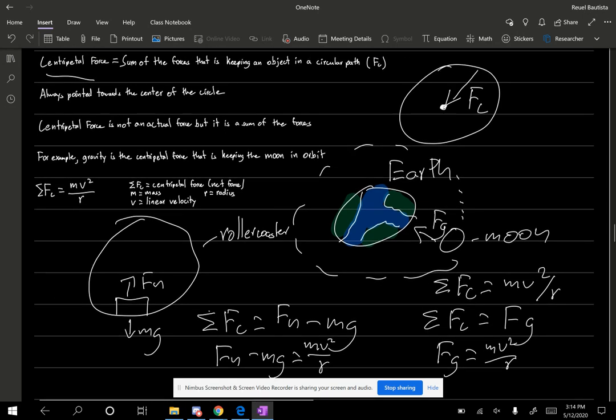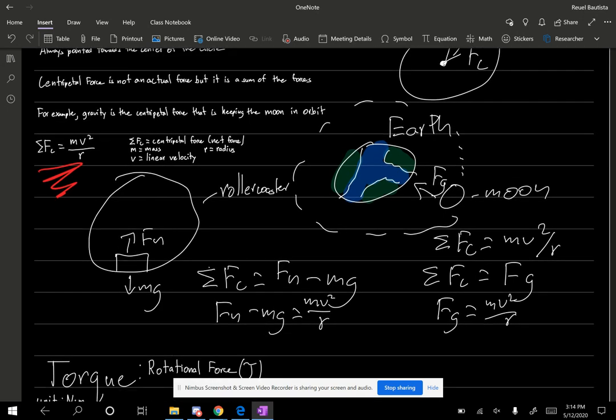Another important thing about centripetal force: instead of making it equal to ma, you make it equal to mv squared over r. Okay? So here I have an example of the moon. The reason why it orbits the Earth is because of centripetal force, right? The centripetal force causing the moon to orbit around the Earth is the force of gravity.